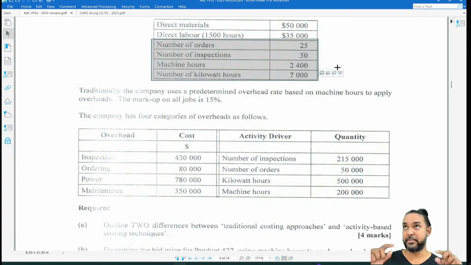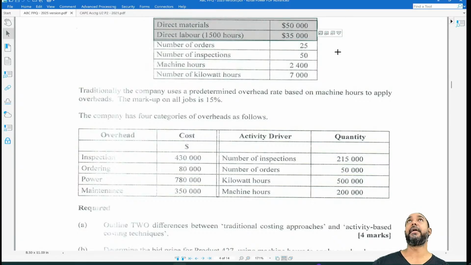After we find total overheads, we're going to add those costs and then add the mark-up. Like I was saying, it sounds like a lot, but once you get a little momentum going, it's actually not that bad. But enough talk, let me do what I say I'm going to do.